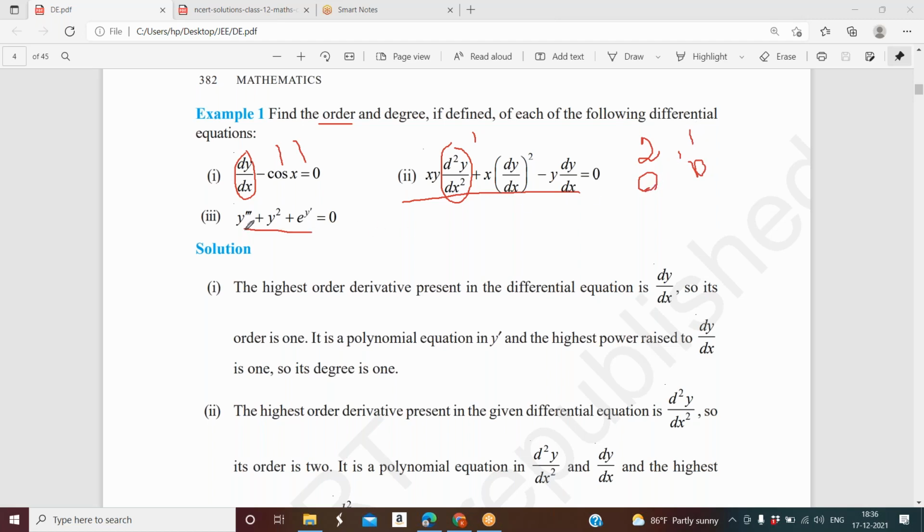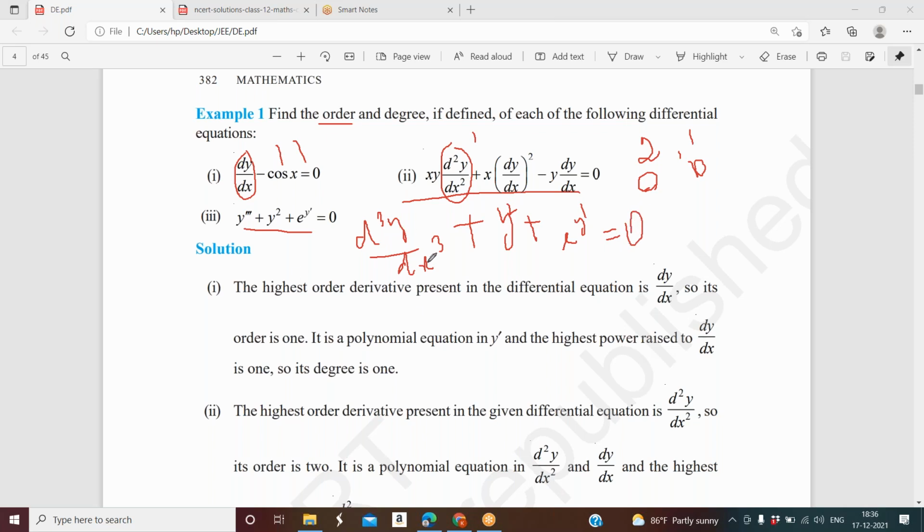What about the last equation? This is y triple dash. What is y triple dash? How will you write? D cube y by dx cube. Y with respect to x 3 times. Plus y square. It's not a derivative, it's y square. Plus e to the power y dash equal to 0.